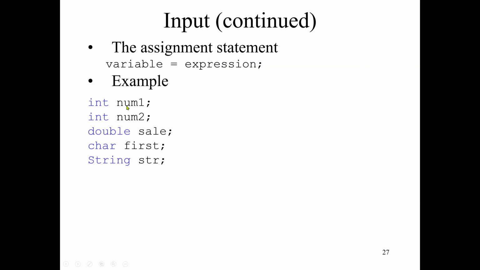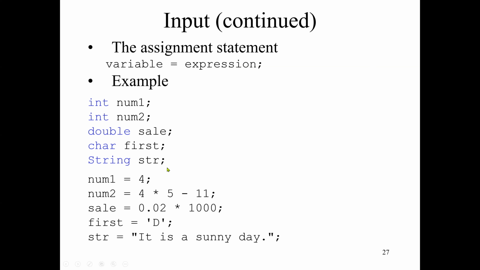So in this example, we have num1, num2, sell, first, string, and str. Now we can assign values to them, or we can also declare and assign the value at the same time, like how we did with the constant variable. So I can have int num1 equal to 4, or just int num1, then on the next line num1 equal to 4.